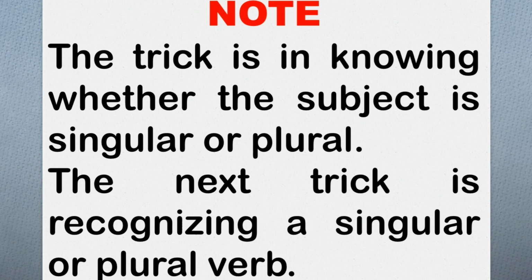Siyempre, that is also important kasi paano mo malalaman if you're going to use a singular or plural subject if you don't know your verb, kung singular ba siya or plural. So, always remember that. Kailangan alam mo kung ano yung subject mo, singular ba or plural. The second thing is, i-identify mo rin, i-recognize mo rin kung yung verb mo is singular or plural.